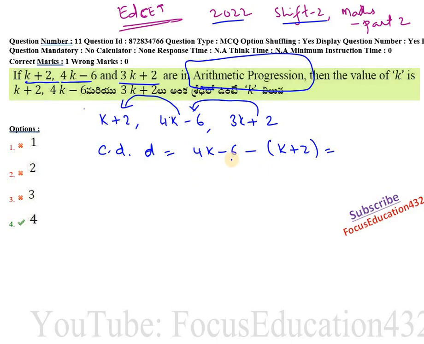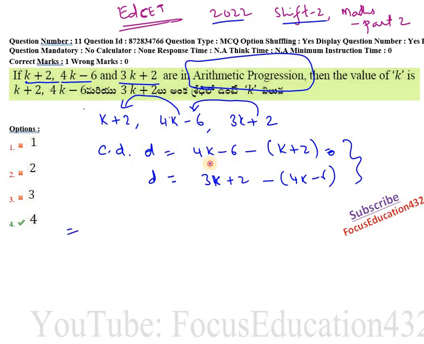4k minus 6 minus of k plus 2, and another common difference I can write as 3k plus 2 minus of 4k minus 6. So these two are the same because in AP the common difference value will be the same.